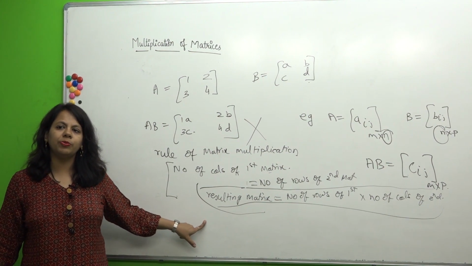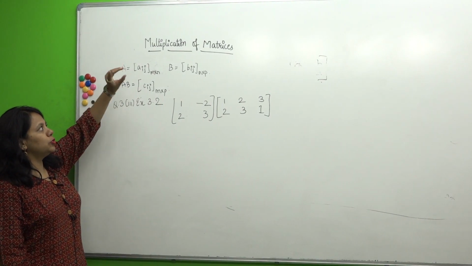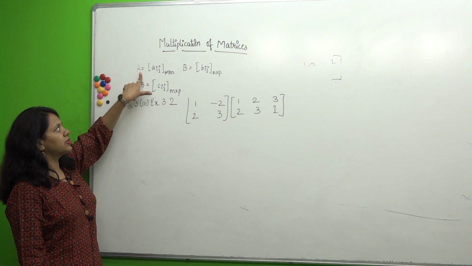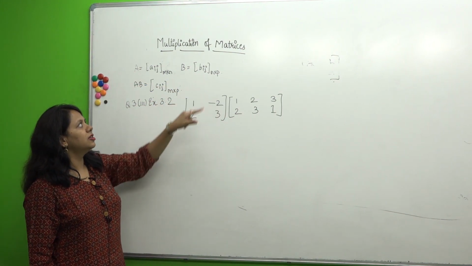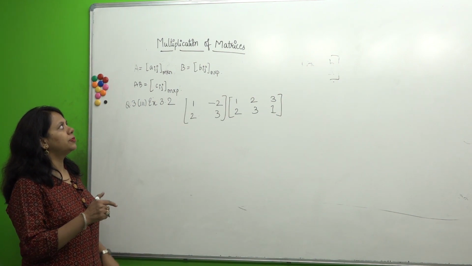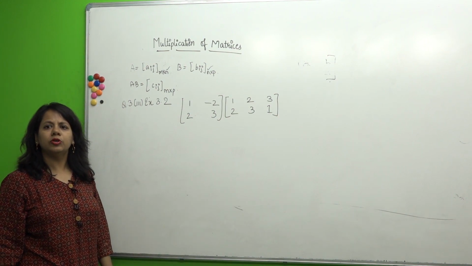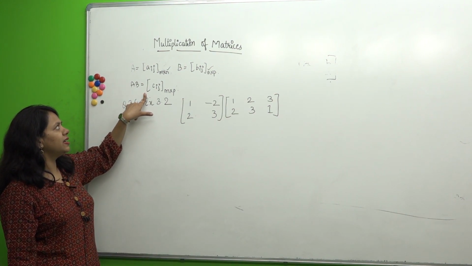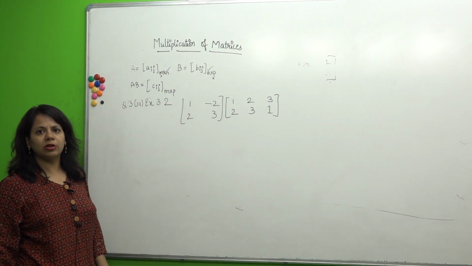Now I'll show you how we perform matrix multiplication. As I just now told you, how do we multiply two matrices? If A is Aij M cross N and B is Bij N cross P, then the condition to multiply is number of columns of first should be equal to number of rows of second, and the resulting comes out to be number of rows of first into number of columns of second.